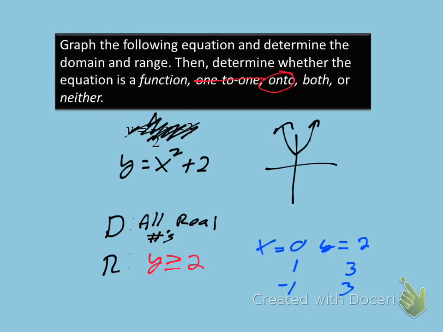That number does have a lot to do with your range. I could also put a negative in front of this x squared and flip it down. Then your y's would have to be less than or equal to 2. So there are a lot of moving parts throughout this chapter and the next, especially for the parabolas we're going to talk about.